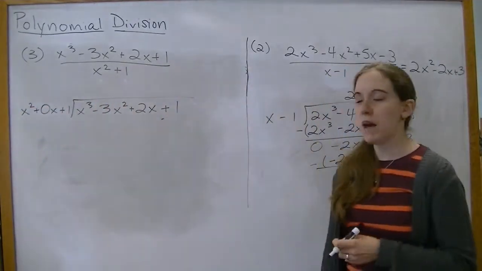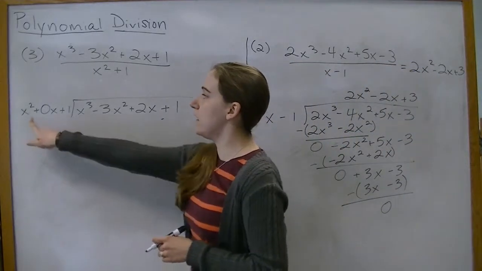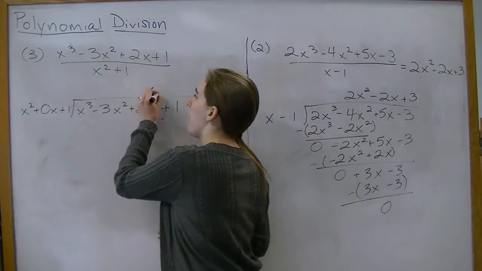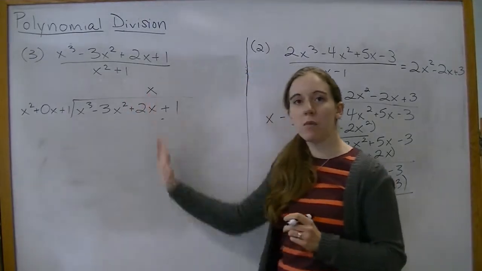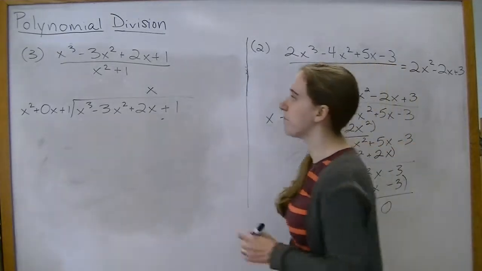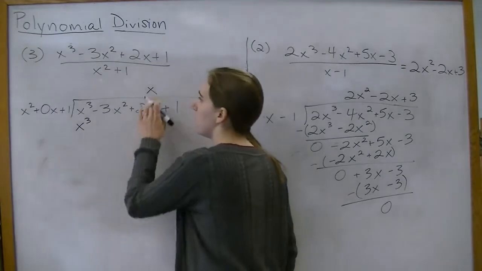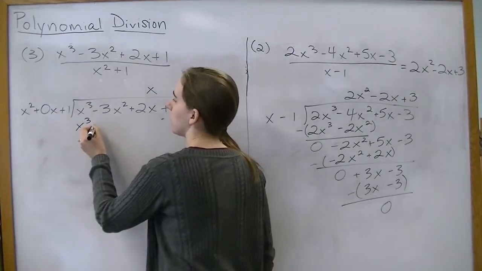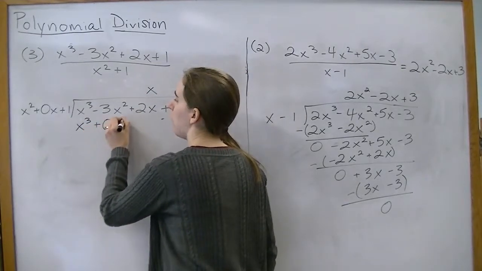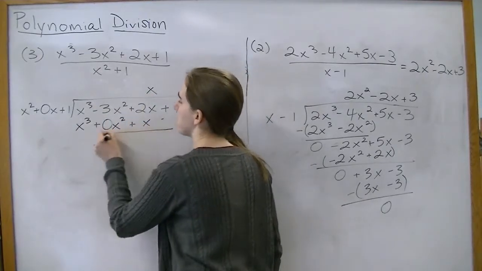Okay, that looks better. So in order to get my x cubed to cancel here, I need to multiply x squared by x. So notice I'm going to line that up way over above my 2x in my x's column. So x times x squared gives me x cubed. x times 0x will give me 0x squared, and x times 1 will just give me plus x.